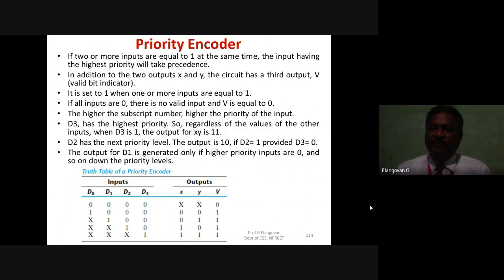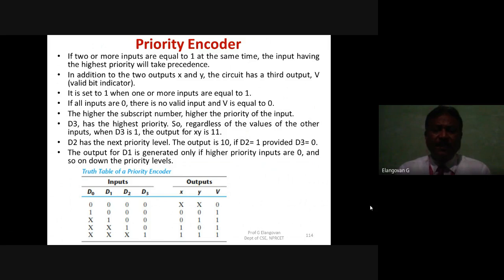When D3 goes to 1, only it is activated, irrespective of D2, D1 and D0. In the output columns, V is given to make the outputs valid. If V becomes 0, nothing is valid.